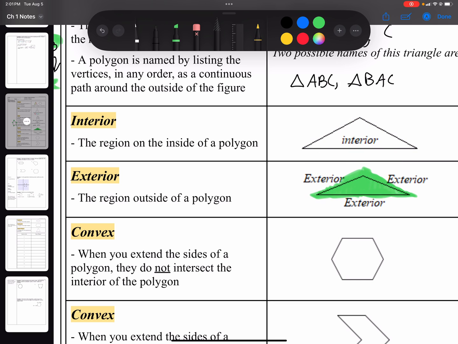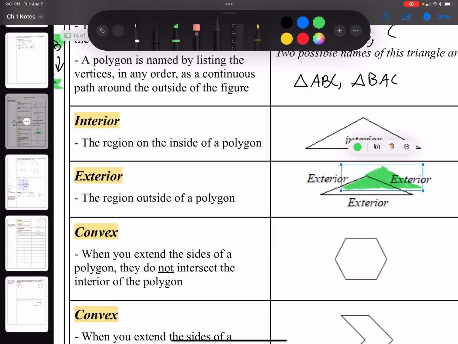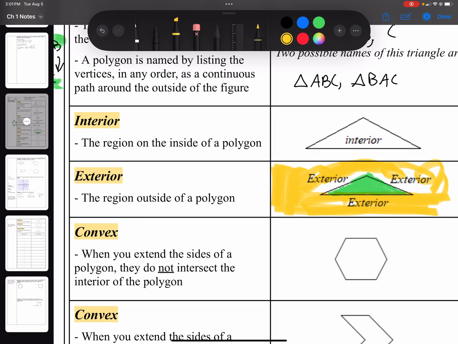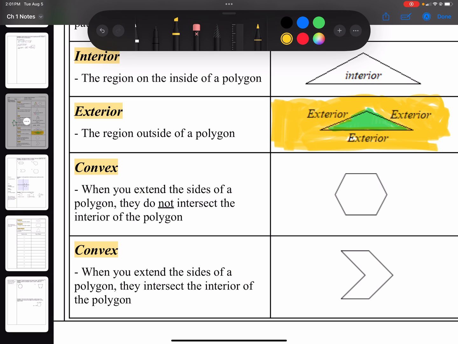So if I have this triangle, I'm going to try to make it a little bit smaller to match up. Now, the exterior would be anywhere on the outside, anywhere in the yellow out here. This would be the exterior of the triangle. Interior inside, exterior outside.